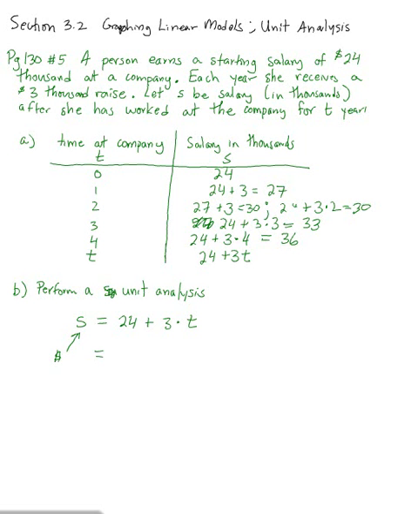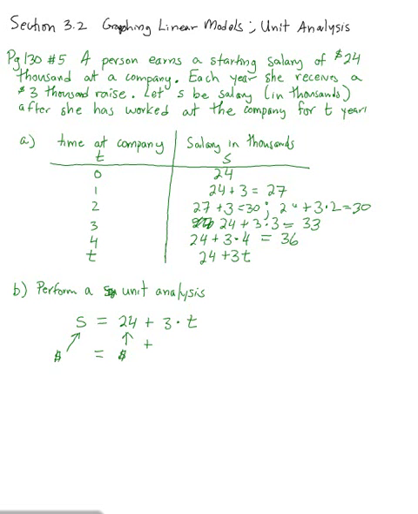So let's see, 24,000, 24, that was money. So that's fine. Plus the 3. What was the 3? Well, a lot of students would say 3 is money. She gets $3,000. Well, that's true, but it's not complete. She really gets $3,000 per year.